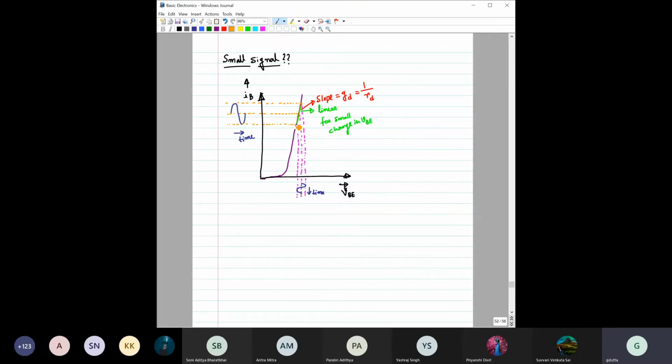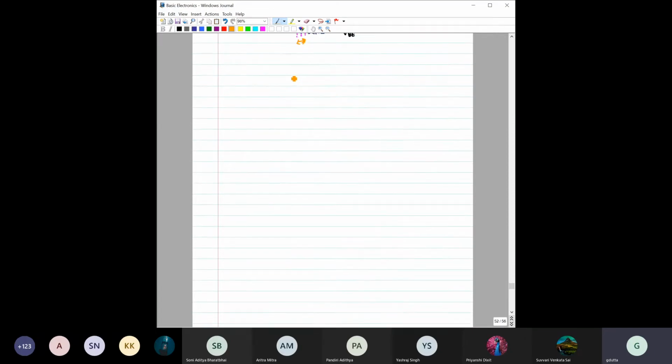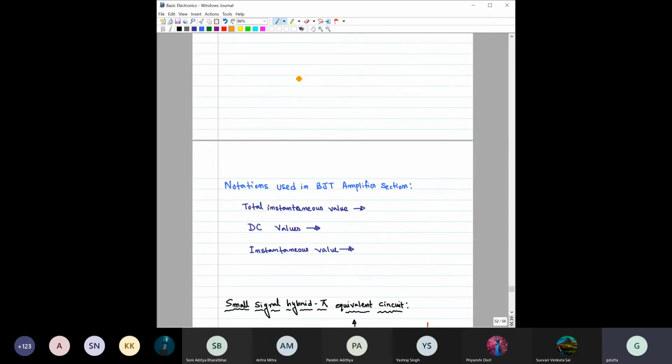If we assume this region to be a straight line, because the change in V of B is quite small, this is the initial Q point, and this portion of change in V of BE is due to the change in the sinusoidal signal.